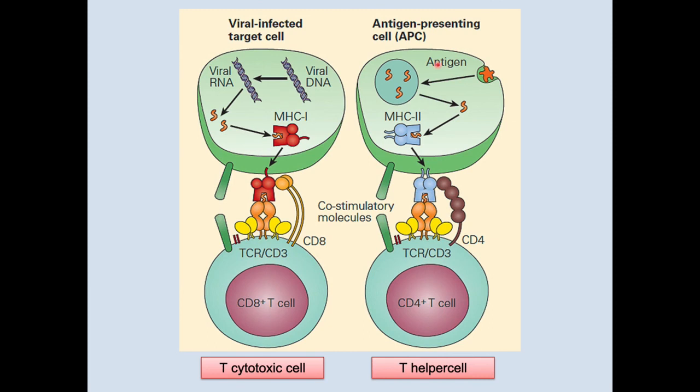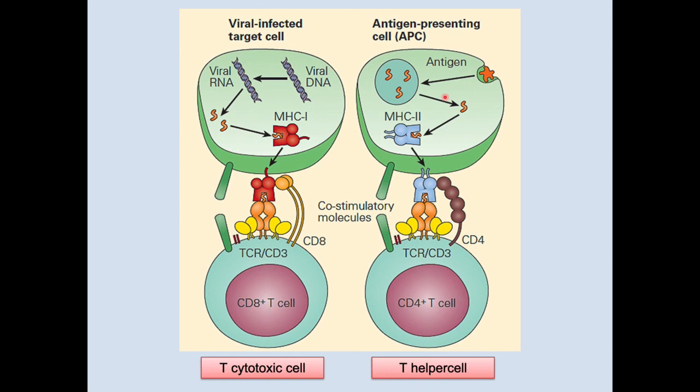Whereas the antigen presenting cell, APC, has MHC2. Okay? MHC1 can only be recognized by cytotoxic cells. And the consequence of the recognition is that the target cell will undergo lysis or apoptosis.